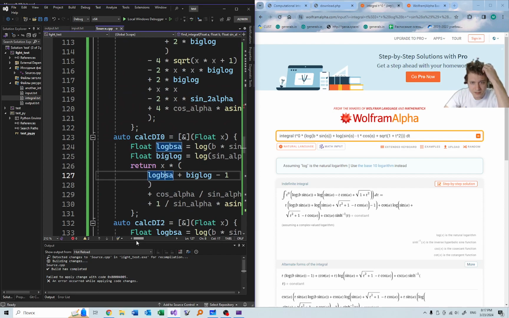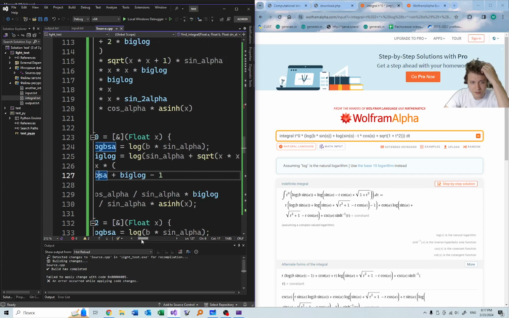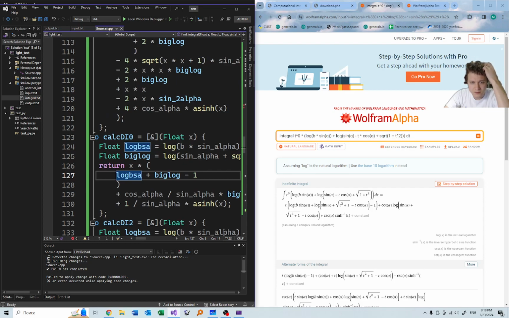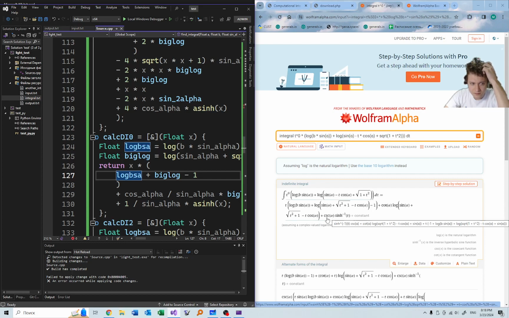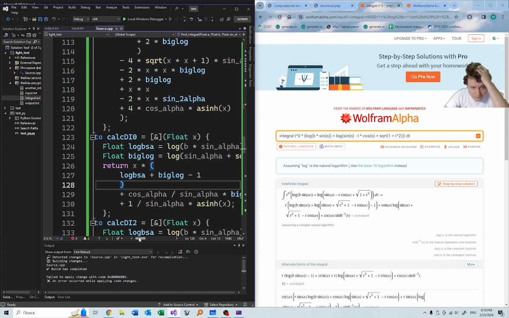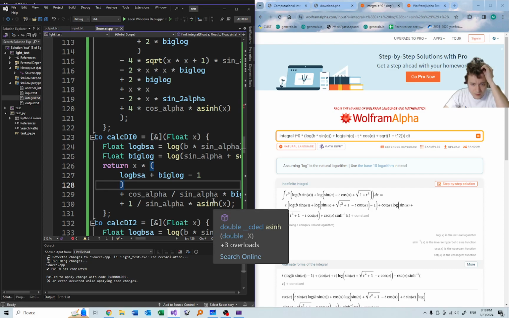We have log BSA plus t times log BSA plus big log minus 1 times cotangent alpha times big log plus cosecant plus cosecant times this inverse hyperbolic sine function.